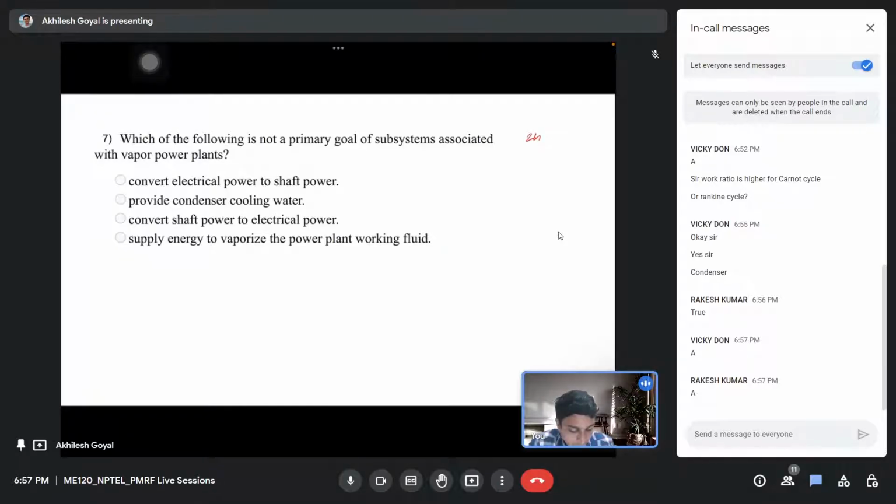Convert electrical power to shaft power. No, we do not convert. No subsystem converts electrical power to shaft power, but the generator converts the shaft power to electrical power.